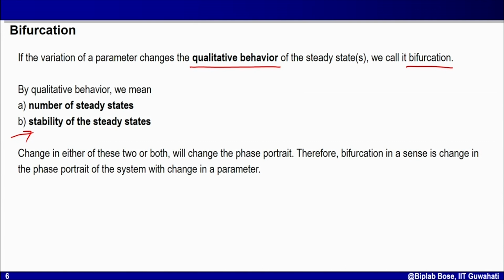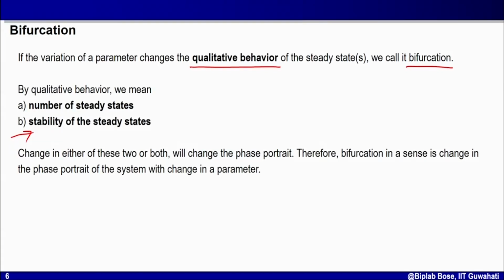So there can be a parameter which controls either the number of possible steady states, or it may control the stability of the steady state without changing the number, or it may affect both of them together simultaneously. So in all these cases, I will say this parameter causes bifurcation in the system. And the system has a bifurcation, and the parameter that is causing this bifurcation will be called the bifurcation parameter.